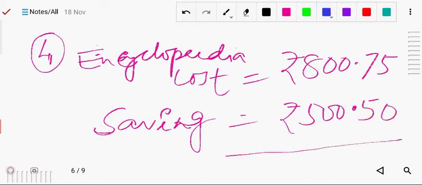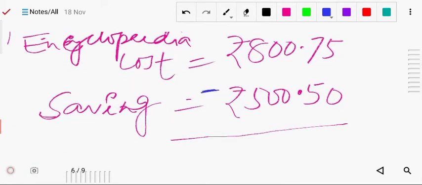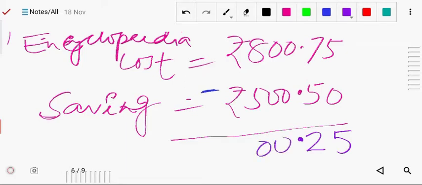Now we can subtract these two values, then we can get how much more money he needs to buy this book. So here we subtract. Okay, so here will be 5, now here will be 2, here will be 0, here will be 3.